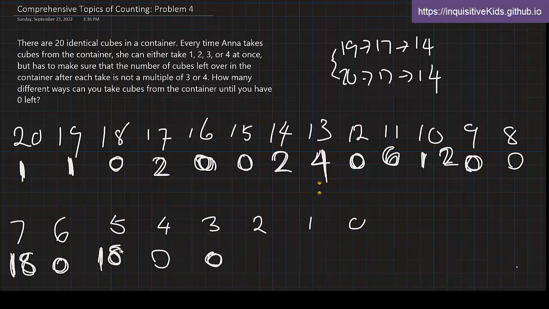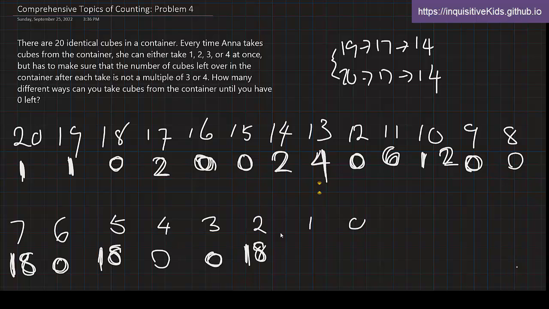Now our last three. 2 you can get by subtracting 3 from 5, so that's 18. You can't get 2 from 7, because that would be subtracting 5, and you can only take 1, 2, 3, 4 at most at once. And now 1.